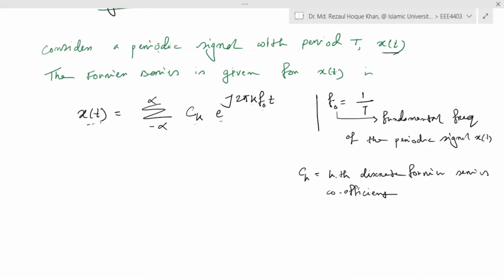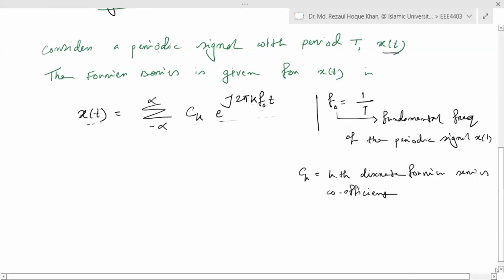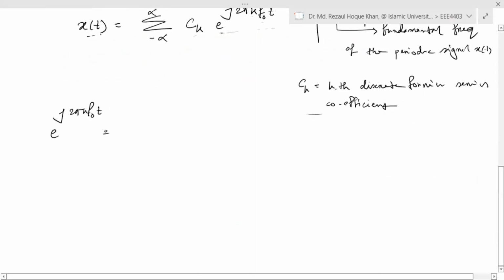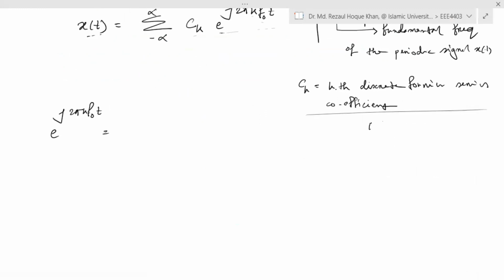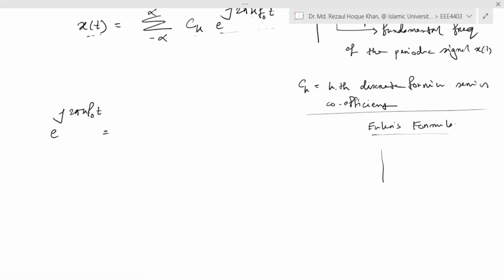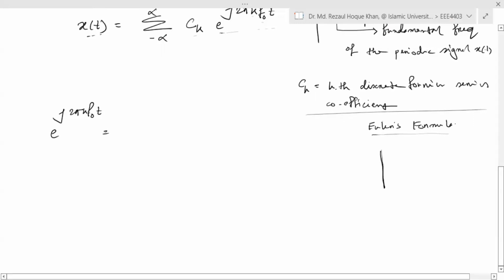Okay. Now, what is this e to the power j 2 pi k f0 t? Here I request you to recall an old formula called Euler's formula, where we express the real and imaginary parts of a component.